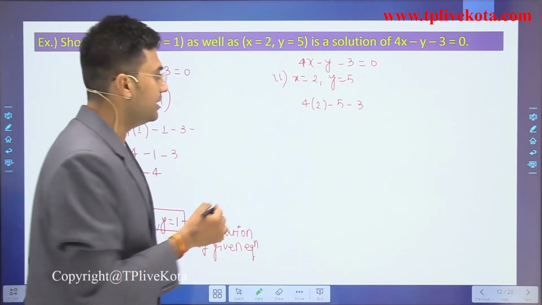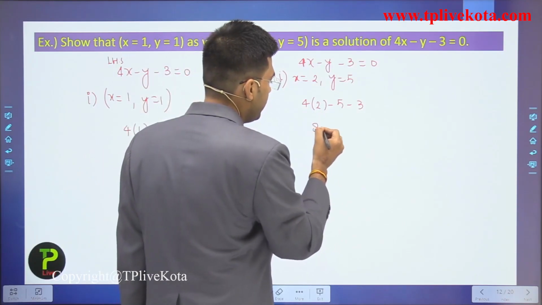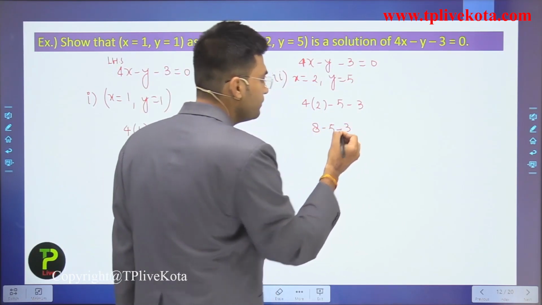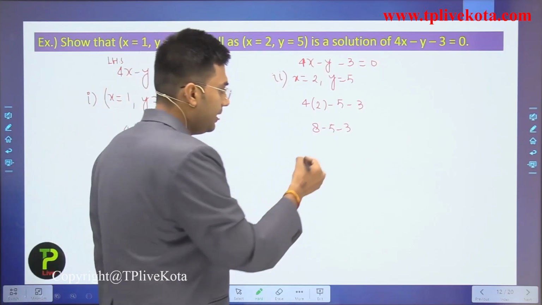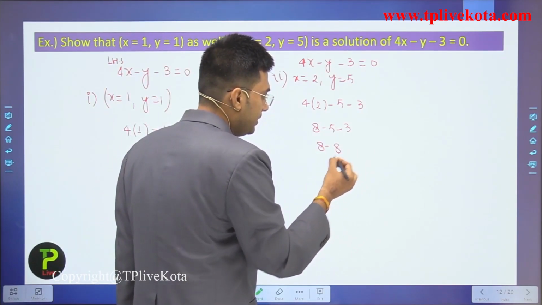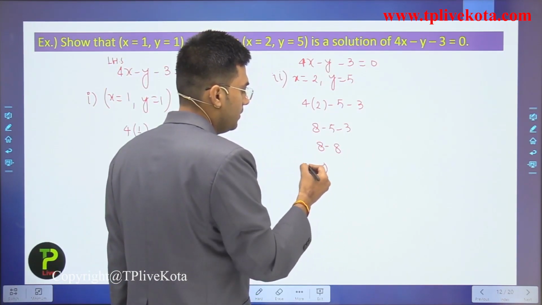When we solve this, it is 8 minus 5 minus 3, which becomes 8 minus 8, that is equal to 0.